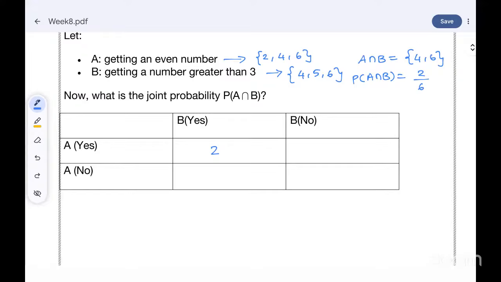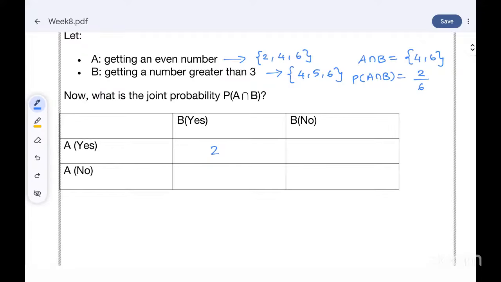And how many elements are there in A but not in B? Which elements are there? 2, 4, 6. Out of 2, 4, 6, which elements are there in B that we should remove? 4 and 6 are there in B, so we cannot take 4 and 6 from A, right?